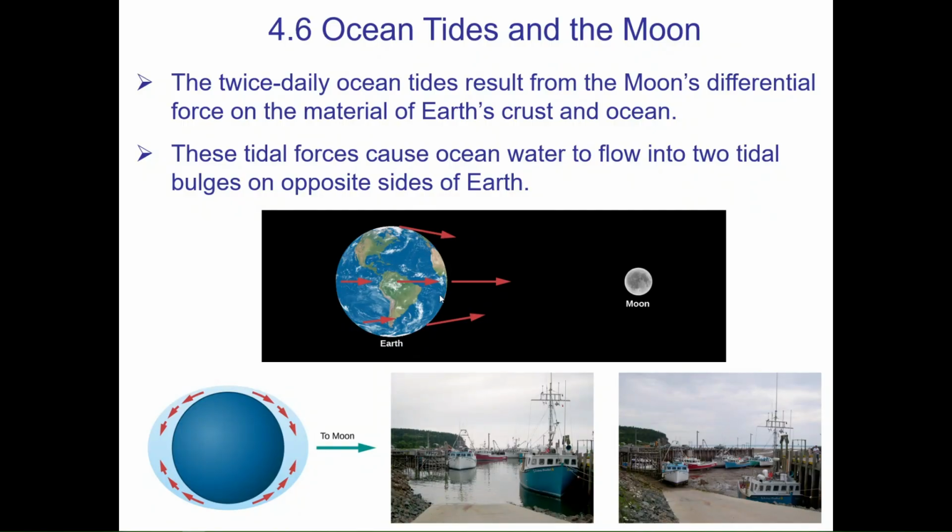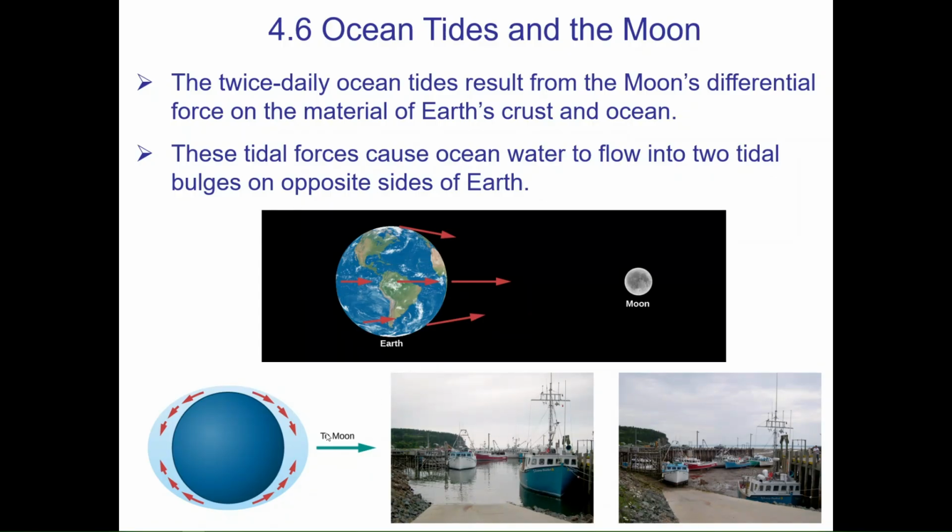So what happens? Liquids change shape much more easily, and flow more easily in response to this larger force. As a result, you can see the front and the back experience a differential force, the difference in the force.